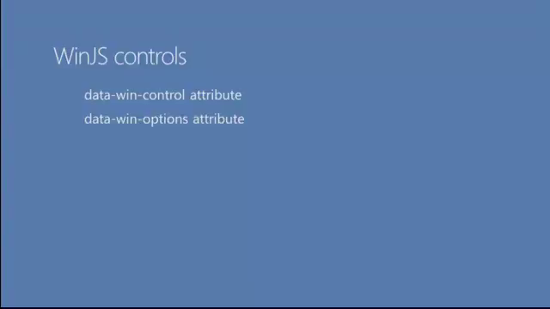And yet with WinJS controls, what we're really talking about is usually taking a div and applying the data-win-control attribute to it, then specifying the name of the control, and potentially some options to set on that control.